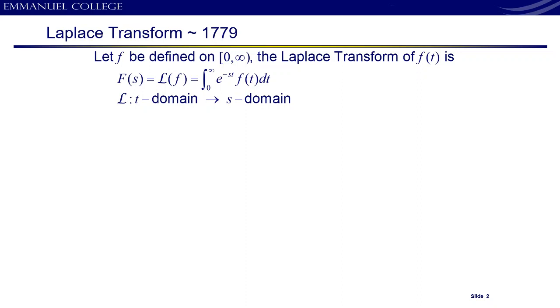Because you do the integral with respect to t, it takes out any t variables and only leaves you with s. Then the whole point is you do the transformation, you solve it like algebra, and then you do the inverse Laplace transform.